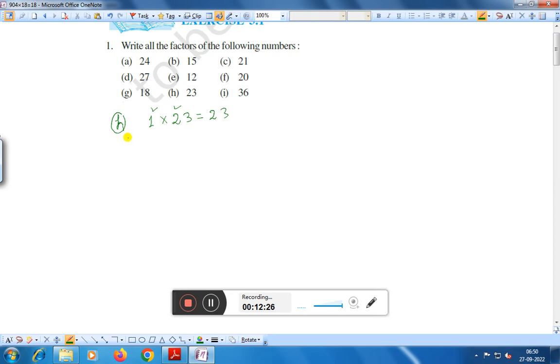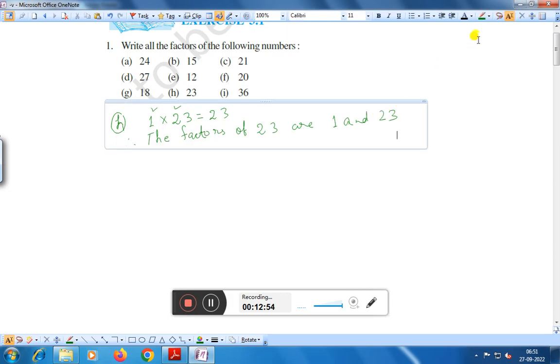Therefore, the factors of 23 are 1 and 23. Okay, this is the solution of question number H.